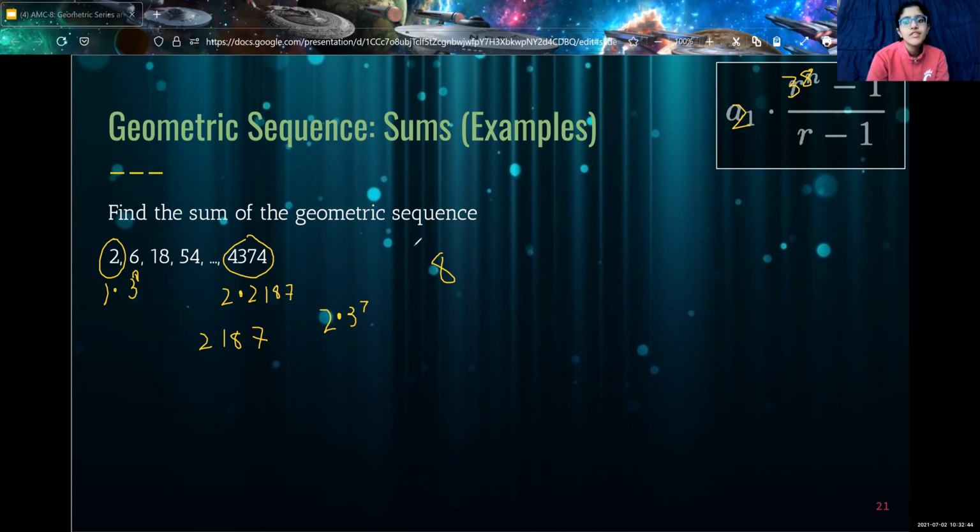And now we find out how many times the common ratio goes into it. So we find out how many times r goes into it. If it goes into it a question mark amount of times, then we add 1 to it.